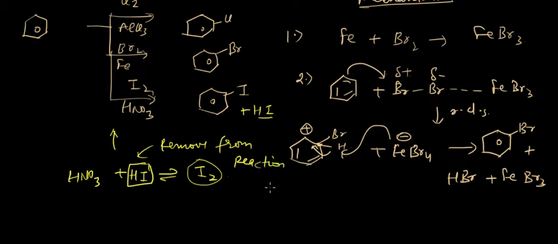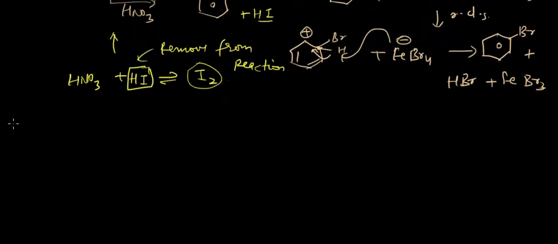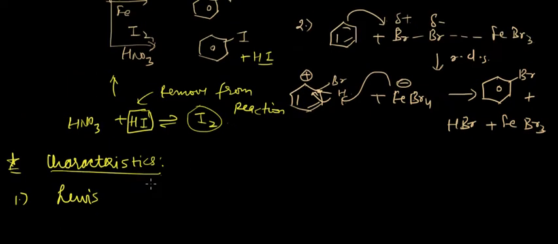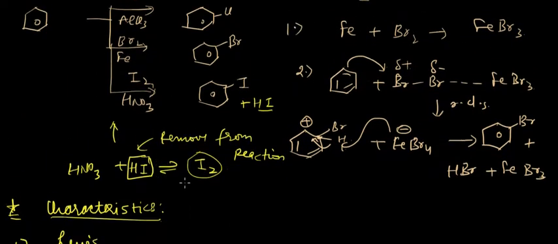so let us actually see some of the characteristics of this reaction. Characteristics are, first, that the Lewis acids used in the above reaction are all anhydrous. Okay, for example we used AlCl3, FeBr3.